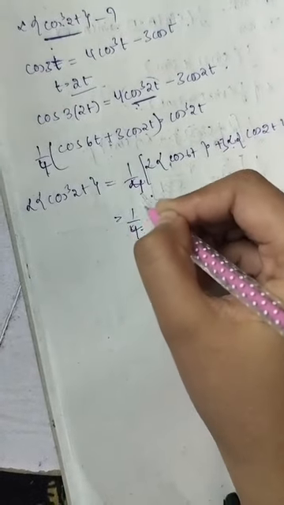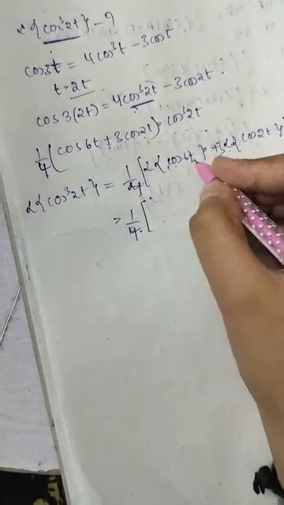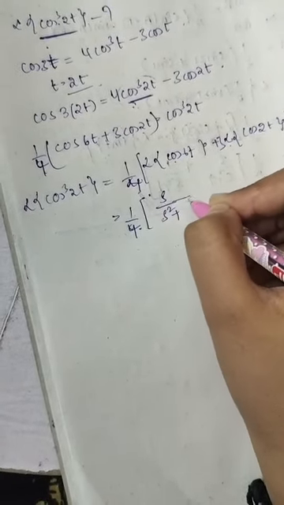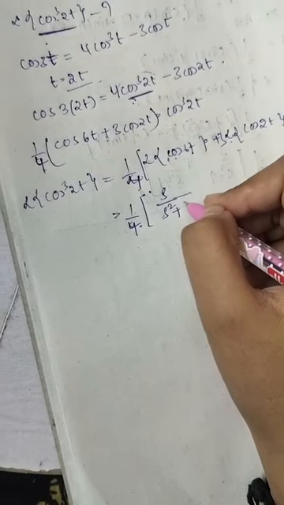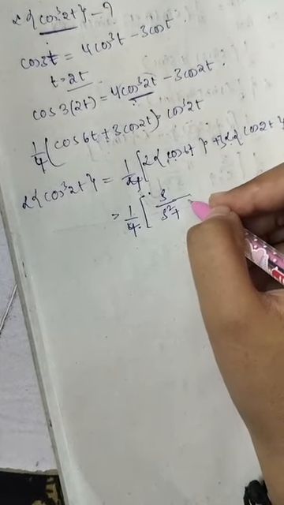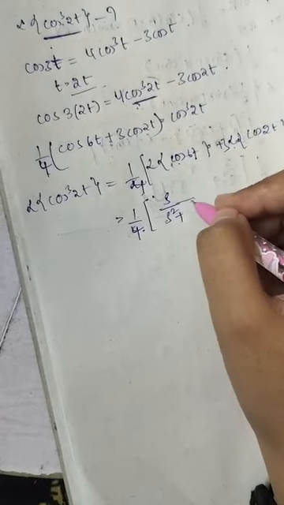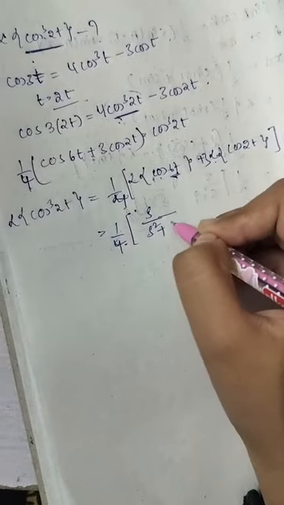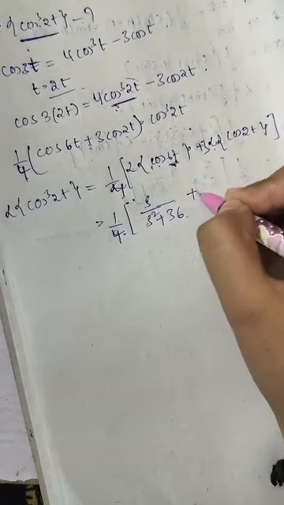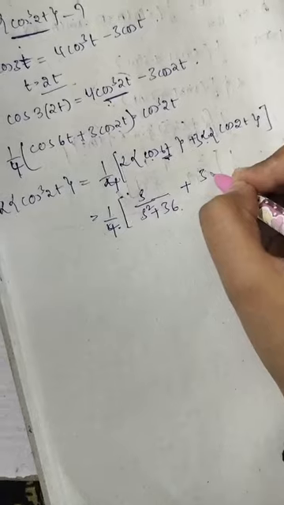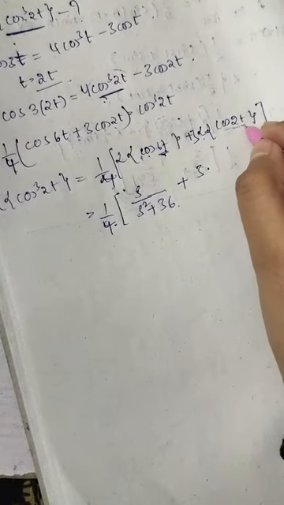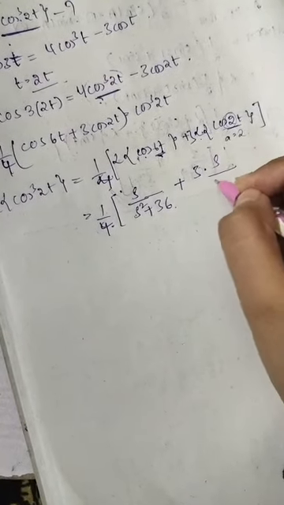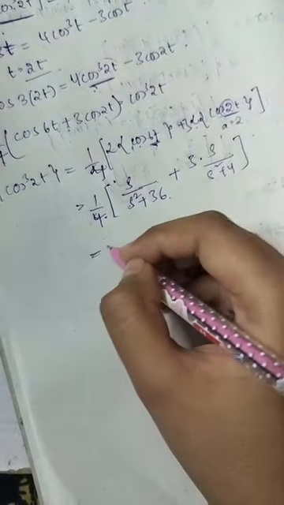Now 1 by 4 of cos 6t means, what is the formula? s by s square plus a square. Here a is 6, so 6 square is 36, plus 3 into cos 2t. Now here a is 2, s by s square plus 2 square, that is 4.